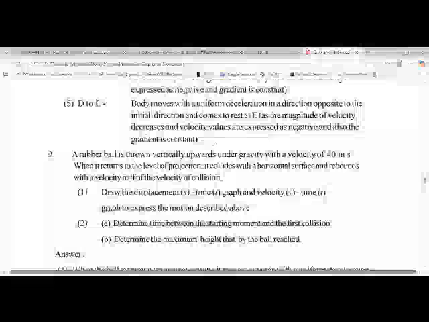Determine the time between the starting moment and the first collision. Determine the maximum height reached by the ball. First, you have to draw the displacement time graph and velocity time graph. You can check this answer.